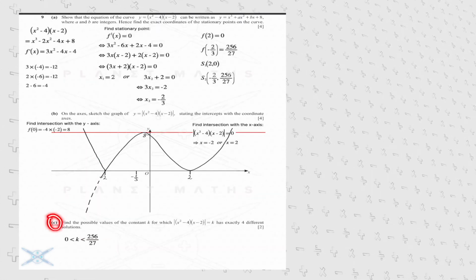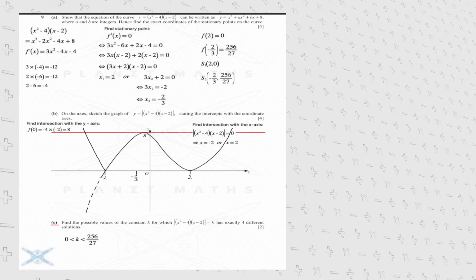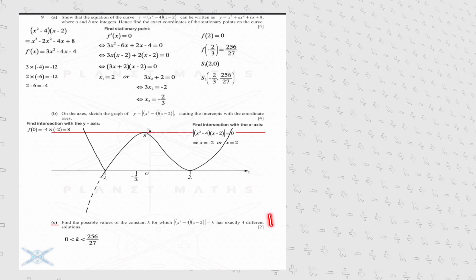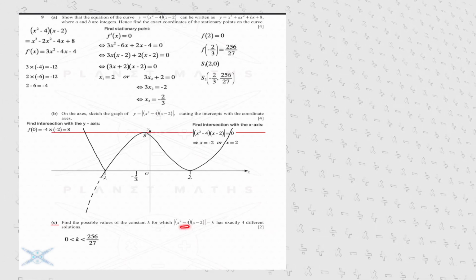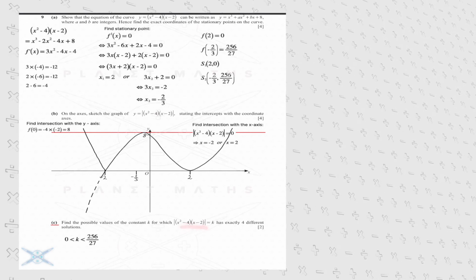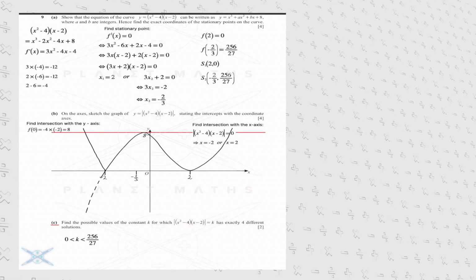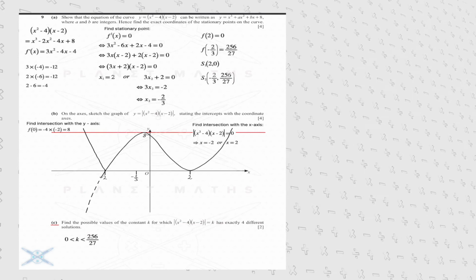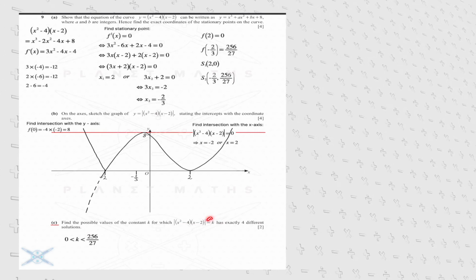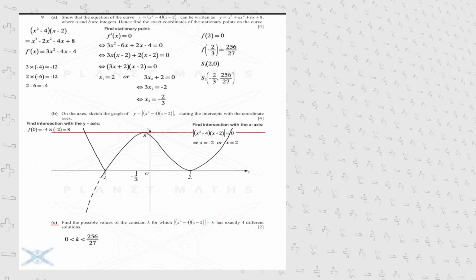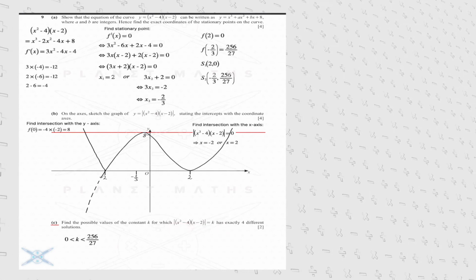The final part of this exercise requires from us to find the possible values of the constant k, for which the absolute values of these expressions have exactly 4 different solutions, for which we have to imagine all of the lines that are parallel to the x-axis and intersect this function exactly 4 times.